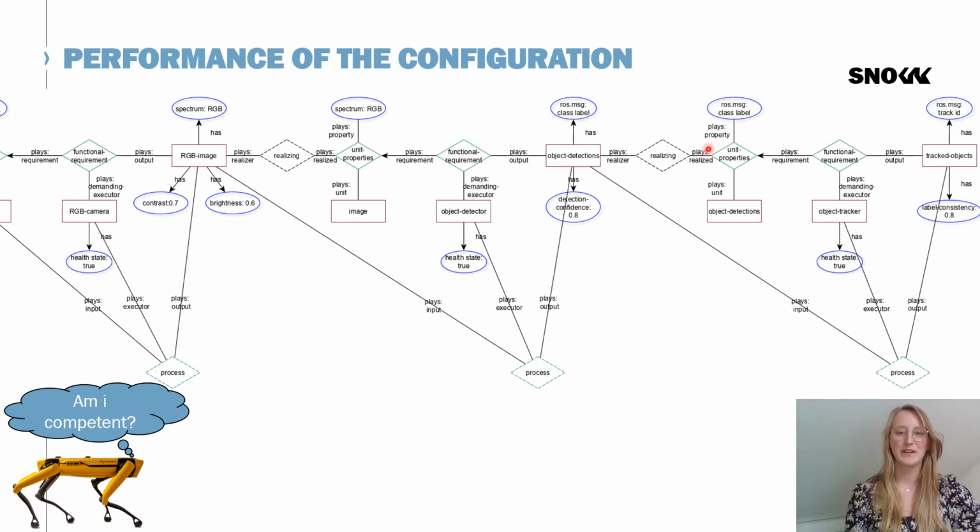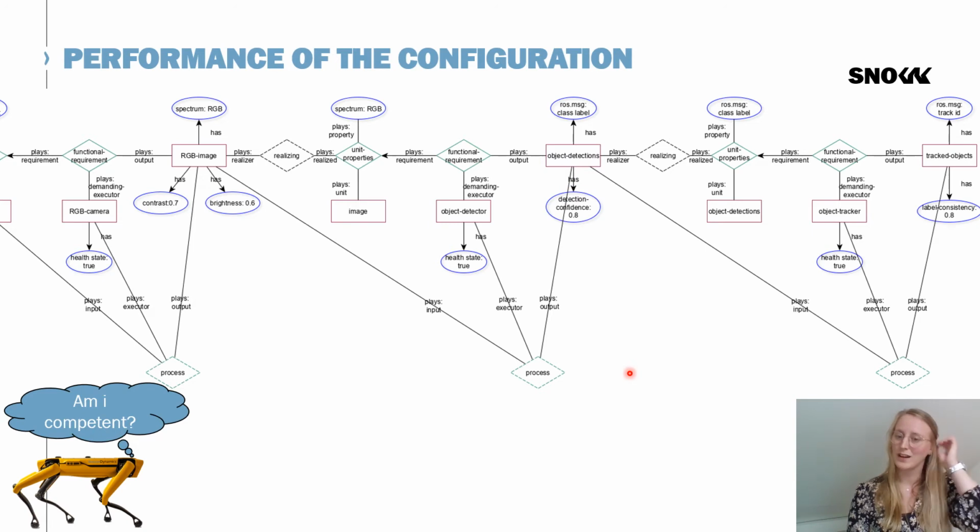As mentioned briefly before, the actual process that's happening here is, for example, in this case, an RGB image which serves as an input to the object detector, which is the executor, which outputs an object detection.